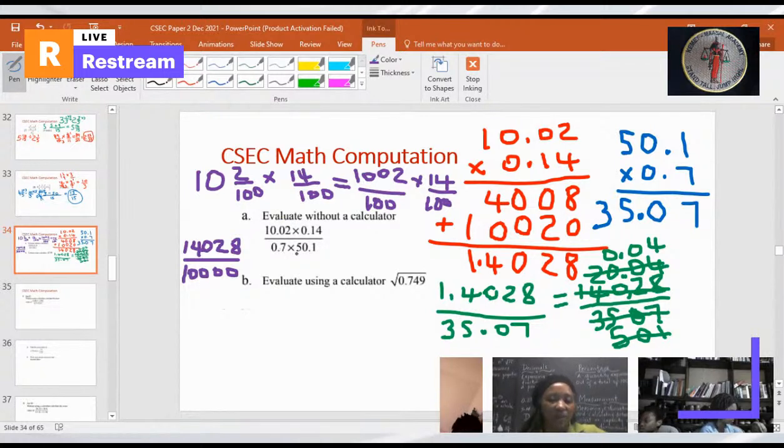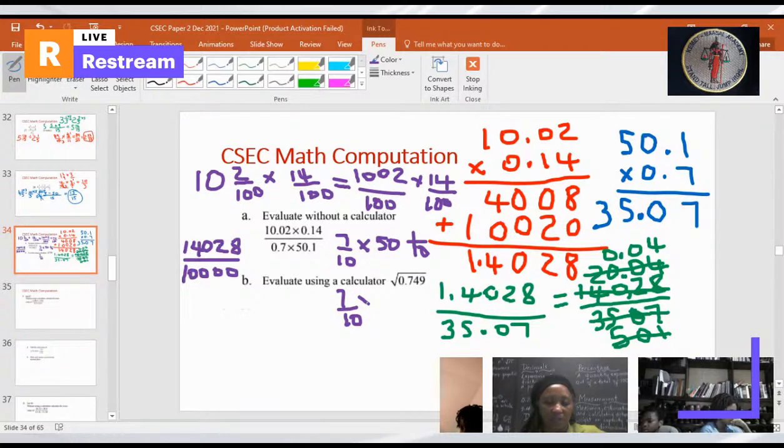And this part now, the 0.7 would be 7 over 10. And 50.1 would be what? 50 and 1 over 10. All right, so we would have 7 over 10 and 10 times 50 is 500 plus 1.